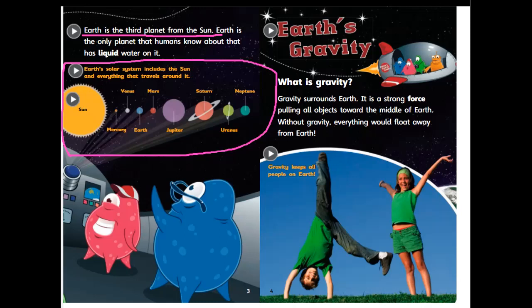Well, now we know that Earth is here. And now we can see that here is the sun. And we know one, two, three, that the Earth is the third planet from the sun. And so this helps us to understand what it looks like, that it's actually the third away from the sun. And it's closer to the sun than Neptune is, right?